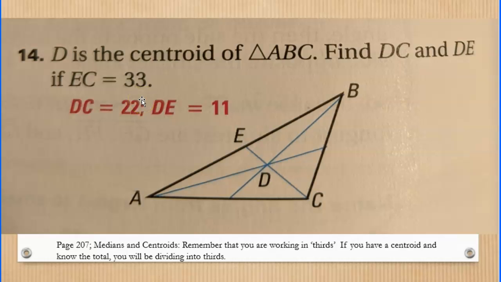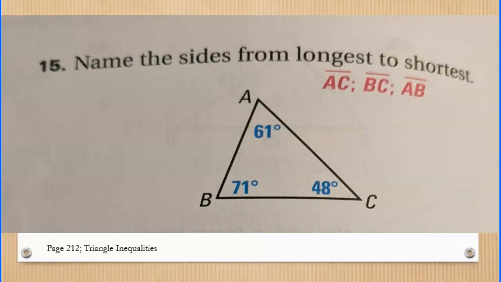So you have to know how to multiply your fractions. 2/3 times 33 is going to be 66 over 3, and that will equal 22. And then this is just going to be 1/3, and it will be 33 over 3, which equals 11. So you either need to do the math in your head or do it with the fractional formula. Refer back to 207 if you're having trouble with that.